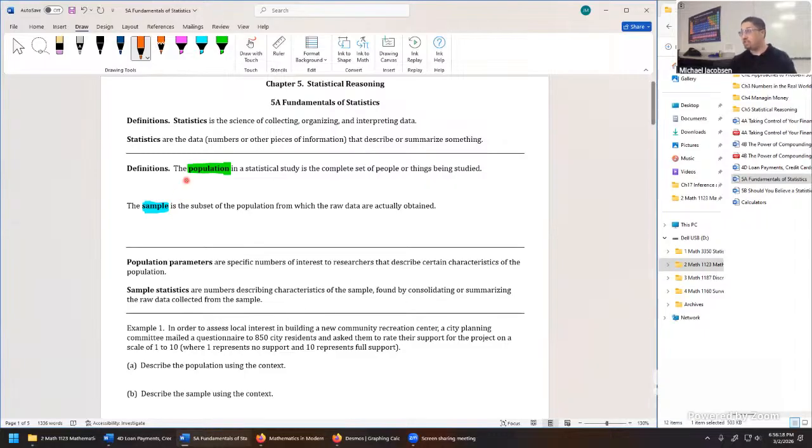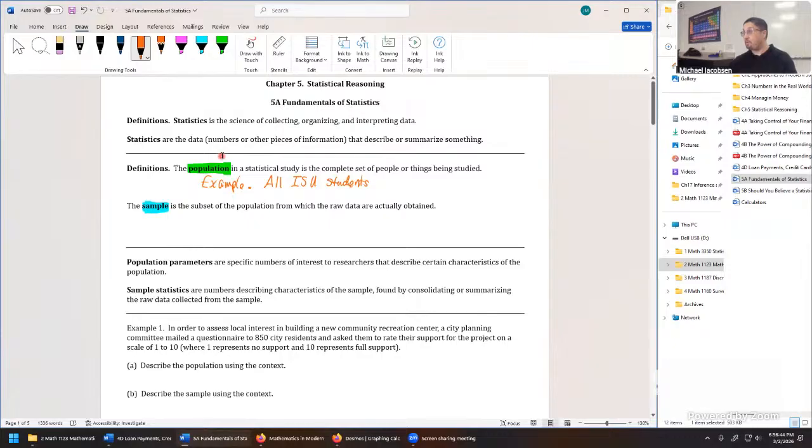Let's say population. Example, all ISU students. And here's where statistical studies get really quite hard. You have to be very precise about what you mean by all ISU students.